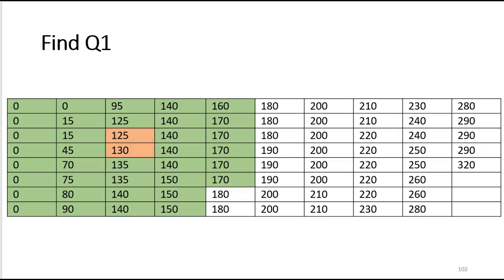Notice that the middle occurs between 125 and 130. Therefore, Q1 is equal to 127.5. This tells us that 25% of the data falls below 127.5. Alternatively, we could say that 75% of the data falls above 127.5.